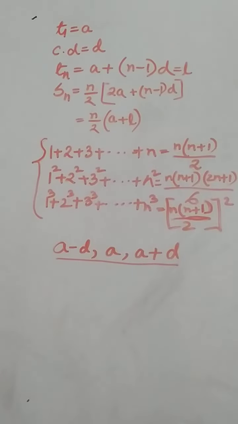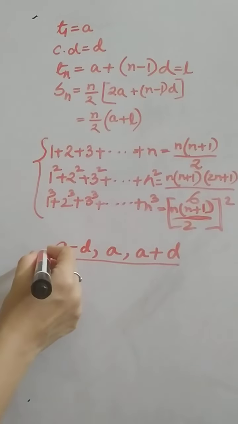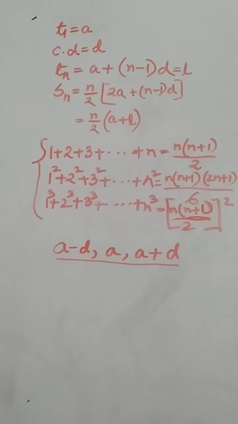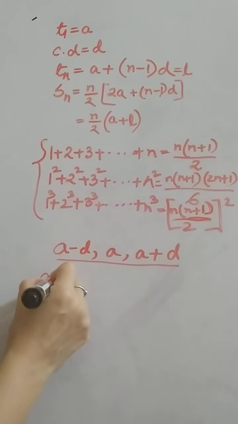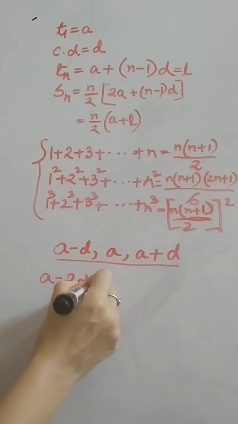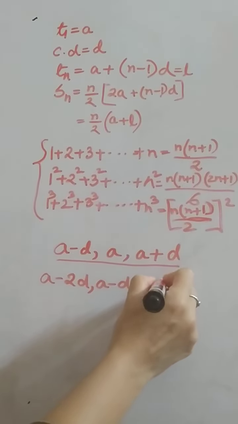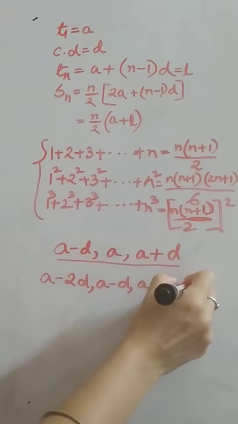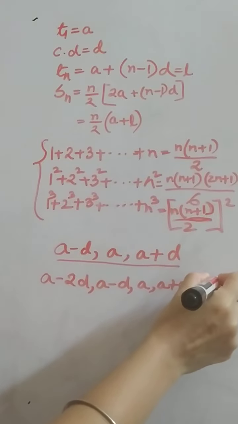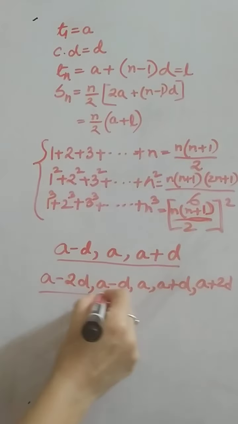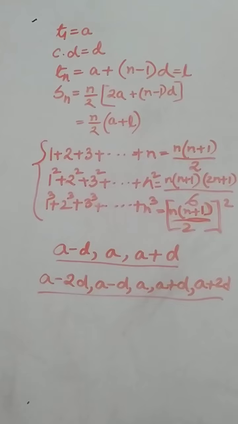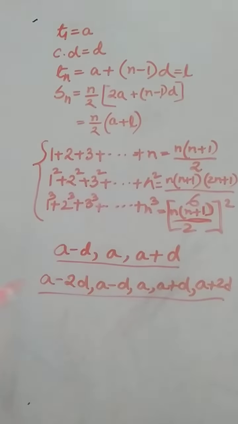If in a question it is said that 5 terms are in AP, then in a similar way the 5 terms will be a minus 2d, a minus d, a, a plus d, a plus 2d.